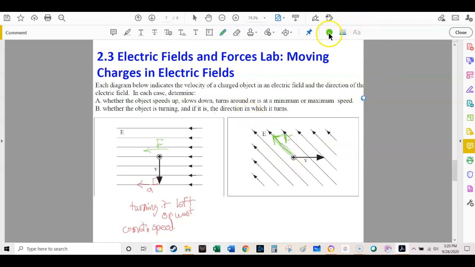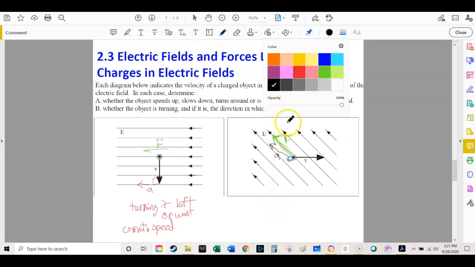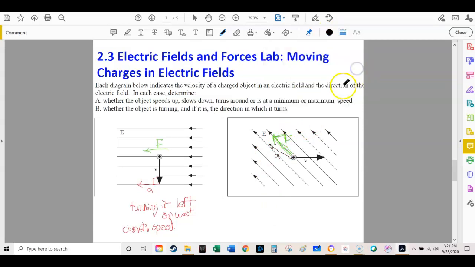Okay, and that means you're going to have an acceleration vector also in that direction. Okay, and that acceleration vector is going to be here. Actually, I'm going to tag it on to this, right? So if the velocity vector, so I'm going to create, actually, I think I was right the first time.